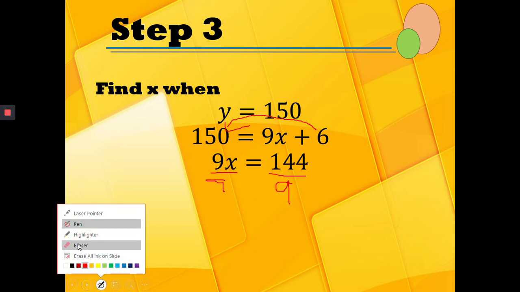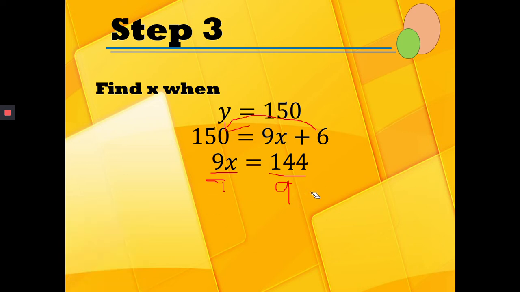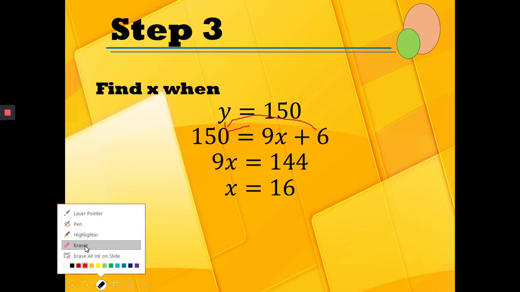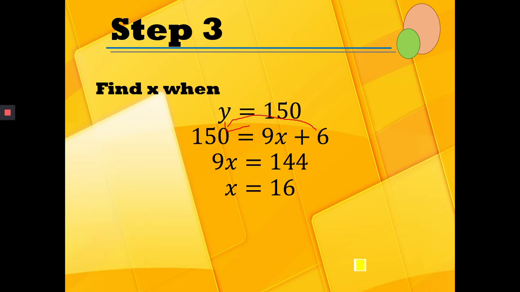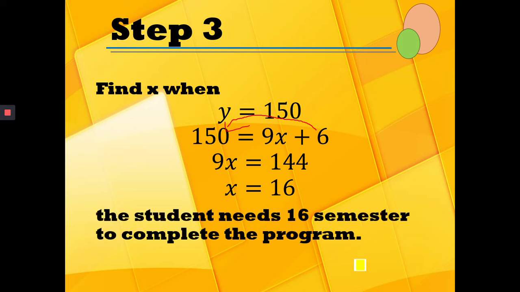After natin ma-divide, of course, by the use of your calculator, 144 divided by 9, the answer is 16. So the value of x is 16. So the student needs 16 semesters to complete the program, or para matapos niya yung tinitake niya.